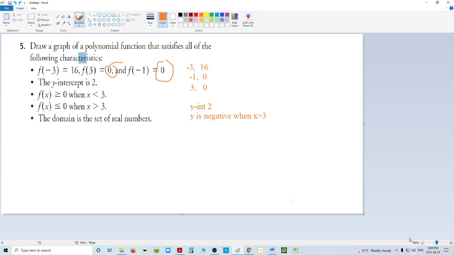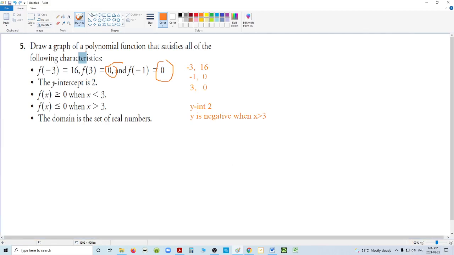And if I'm going to draw it, so just always put in the points you know. So minus 1, 0, it's going to cross here, and you would label it. And then 3, 0. We know it has a y-intercept that is at 2, so just barely here. And we know that when x is minus 3, it's way up here.